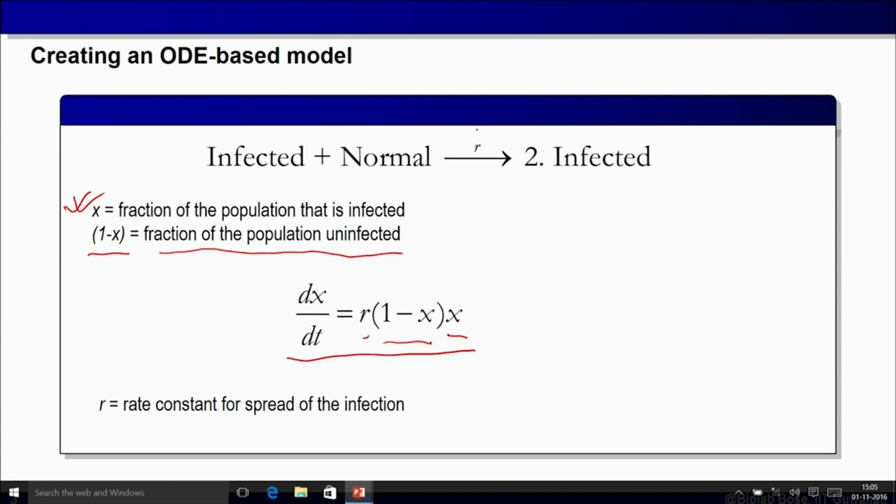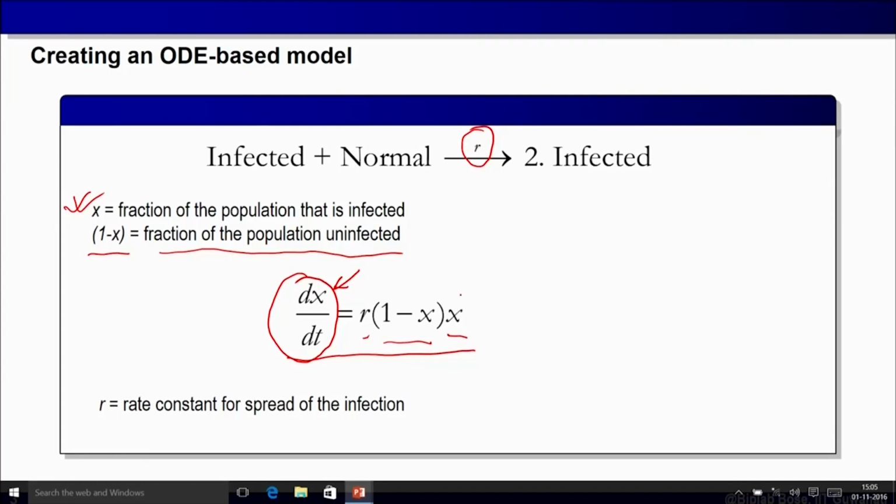And r is the rate constant of spread of infection. So dx/dt, the derivative of x with respect to time, is the rate of spread of the infection. That is, it is showing the rate of change in the population of infected persons. It is the rate of change of x.